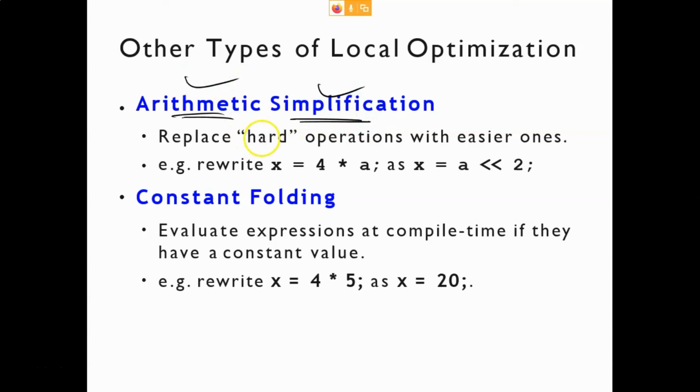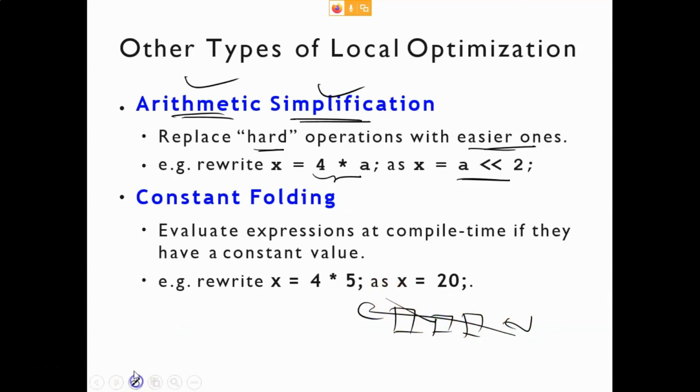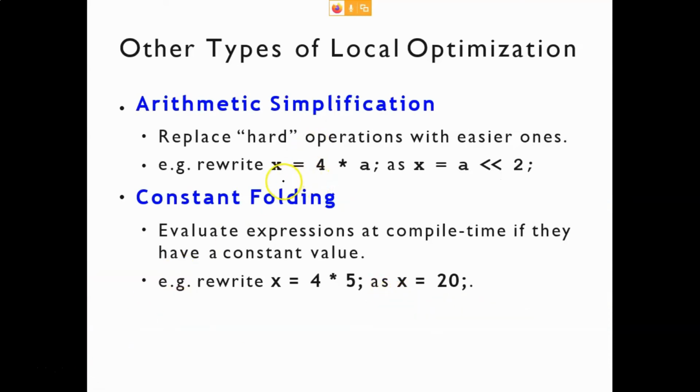If you have some hard operation, then you can replace it with some easy operation. For example, here you are multiplying with value 4. If you have studied digital logic, then this multiplication is harder than the shift operation. The shift operation is very easy. In just one clock pulse the value will be shifted. So this shift operation is easier than the multiplication operation.